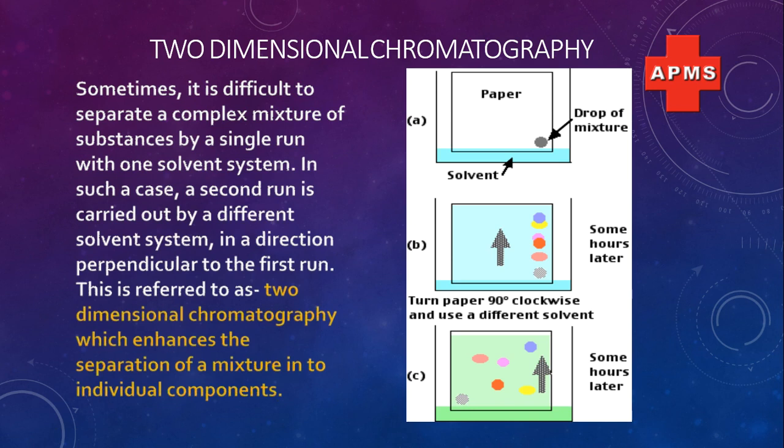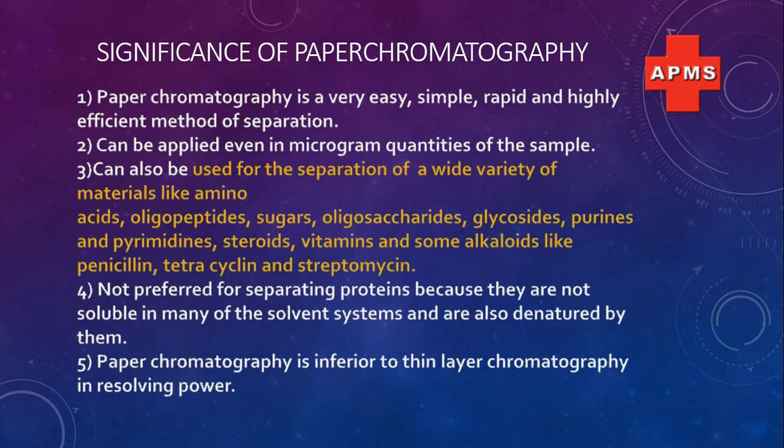Now the significance of paper chromatography: what are the advantages and disadvantages? Paper chromatography is a very easy, simple, rapid and highly efficient method of separation. Also it is a very cheap, cost-effective method, and we can apply it in any laboratory.